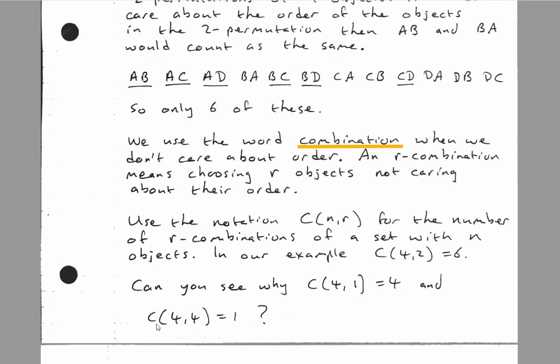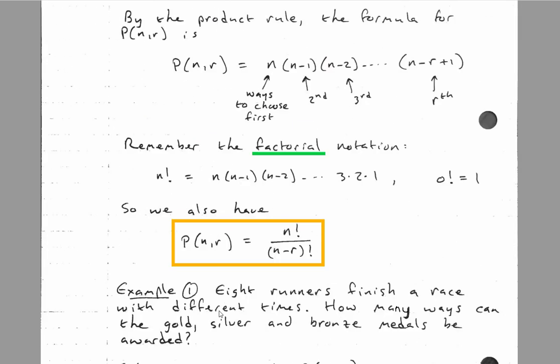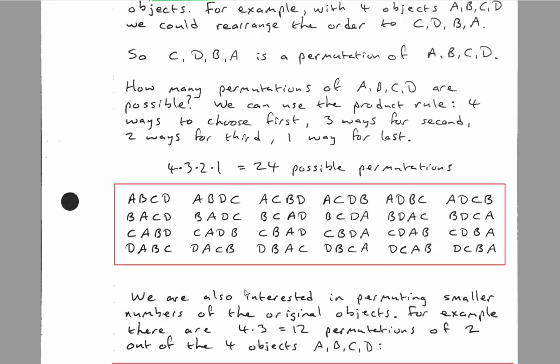How about C(4,4)? So now we're choosing 4 objects from 4 things, and we don't care about the order. Well, if we do care about the order, there are 24 possibilities. But if we don't care about the order, then these really all count the same.